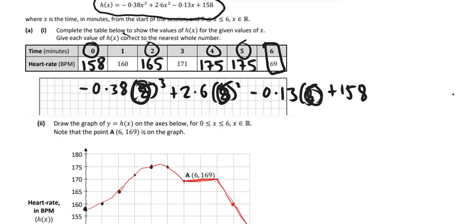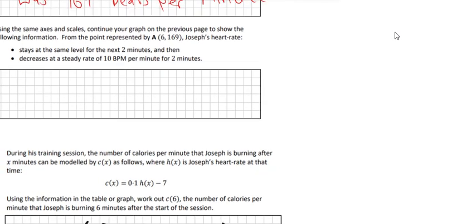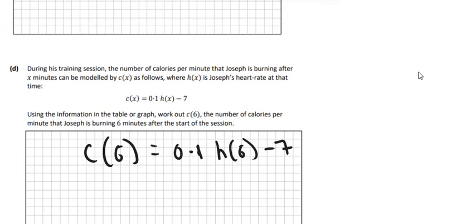So it's 169. H of 6 is actually 169. So you can put that in instead of H of 6 down here, and then you've got all numbers. So 0.1 times 169 minus 7.